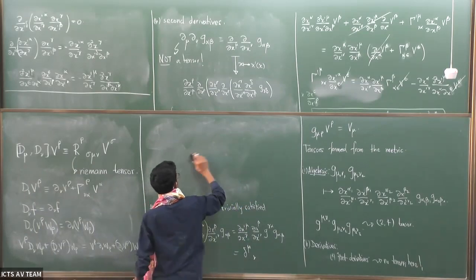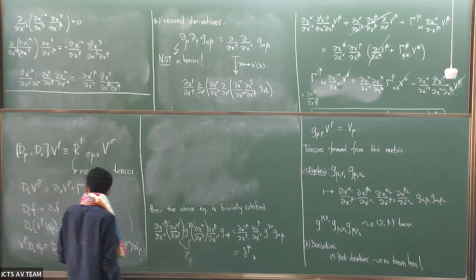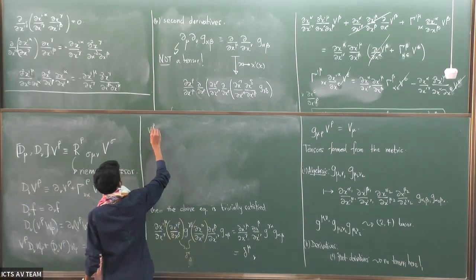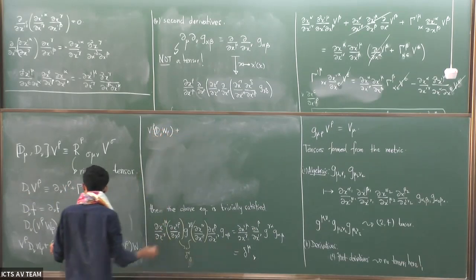Actually, I'm doing this because sometimes you make an argument and it seems very obvious, and then you try to write down all the indices and you realize something's wrong. So maybe that will happen here. Let's see. V rho del nu W rho plus D nu V rho we know.